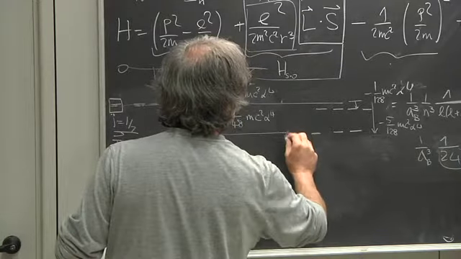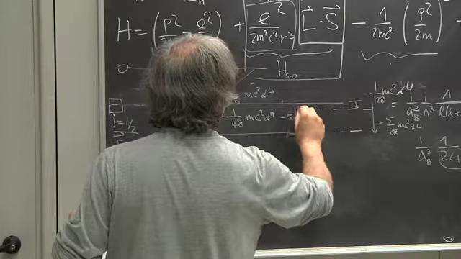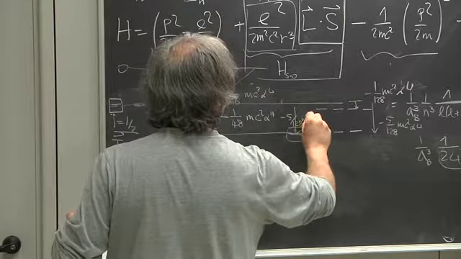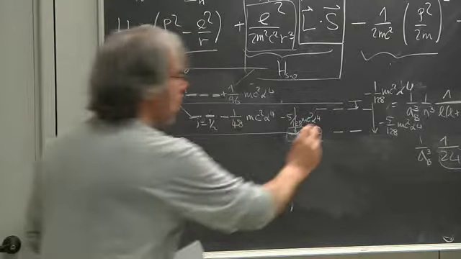So the 2s also ends up being down by minus 5 over 128 mc squared alpha to the 4th. Now, these are small things.